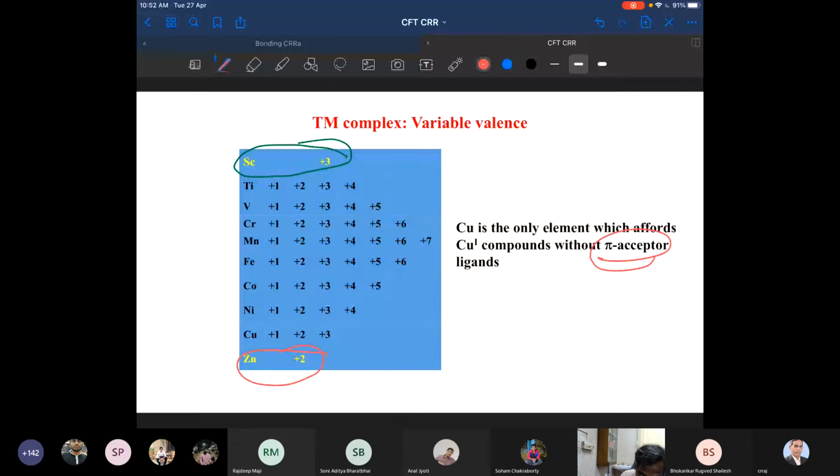So one thing we can understand from this table is that transition metal elements have variable oxidation states. You can see that this is not the case for scandium as well as zinc. So whenever we study coordination chemistry, mostly we'll be dealing with the first row transition elements. Okay, right.